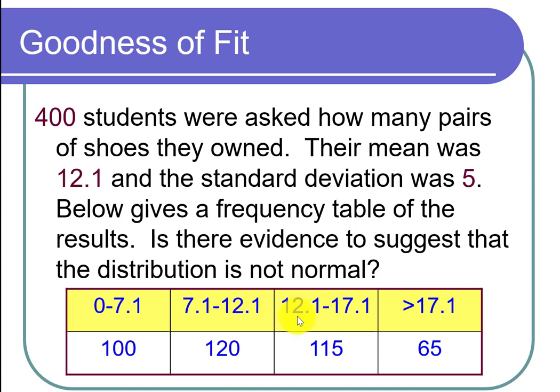And then 68% inside means 32% outside. So half of that, because the far left and the far right make up 32. Half of 32 is 16. So 16% far left, 16% far right. And I can use those percents to come up with my expected counts.